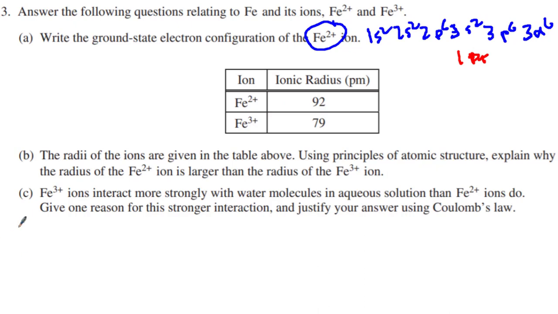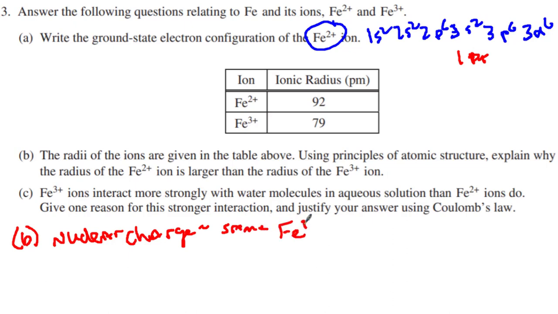And keep in mind, we first always want to go to our nuclear charge. The nuclear charge, or the number of protons, is going to be the same for the iron plus 2 and the iron plus 3. So it is not having anything to do with the nuclear charge. What's happening is the electron shielding, or electron to electron repulsion.